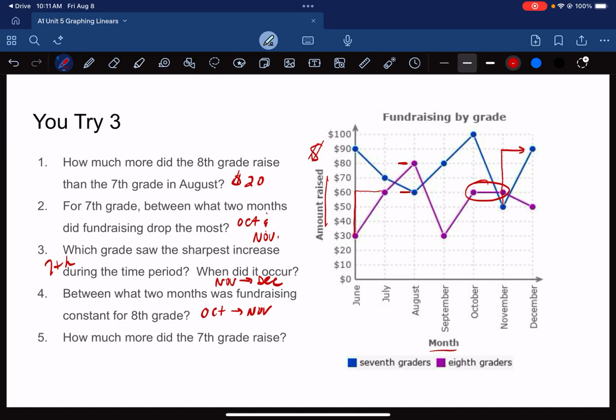So I see that the 7th grade actually raised $540. So let's see what the 8th grade raised. So 8th is pink, so 30 plus 60 plus 80 plus 30 plus 60 plus 60 plus 50 is 370 for them. Well, that's a difference of $170.